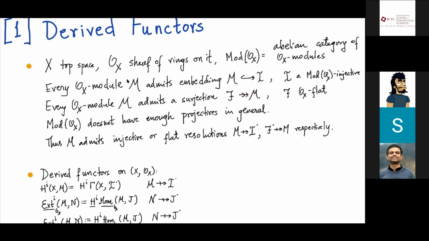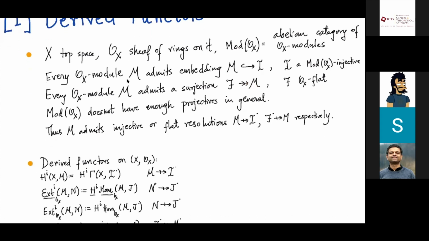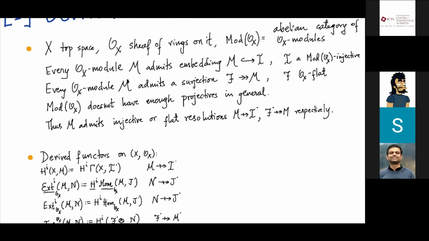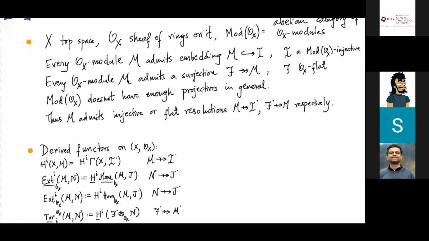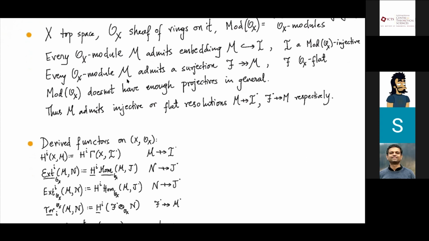What you have to do is go locally over each open set, find a section, and corresponding to that section you can come up with a flat sheaf which maps onto that section. Essentially it is some kind of extension by zero: you do it locally over that open set, then extend that sheaf by zero, and that will also be a flat sheaf. You can look up these things. If you can do this for one section, then you just take a direct sum of such sheaves over all possible sections over all possible open sets of M, and then you get your flat surjection.